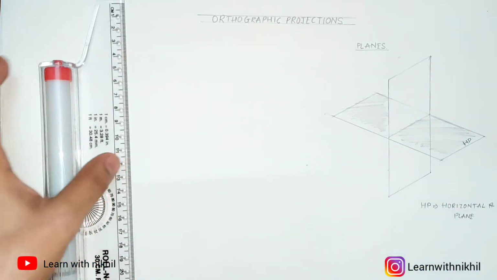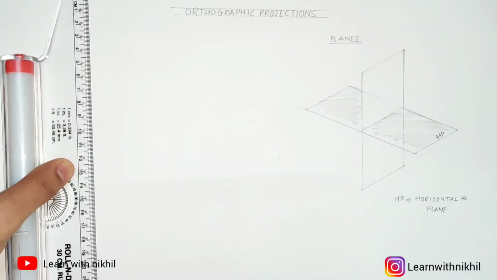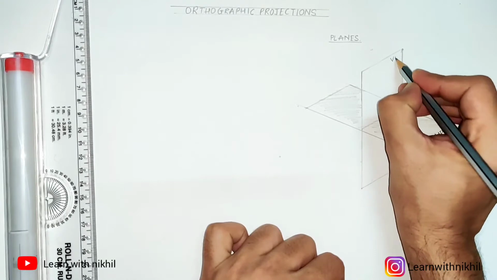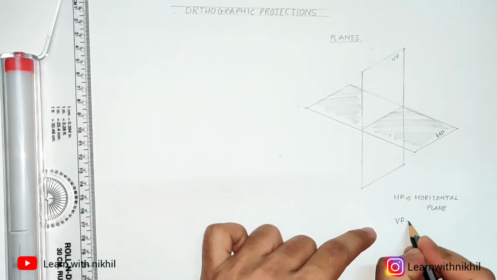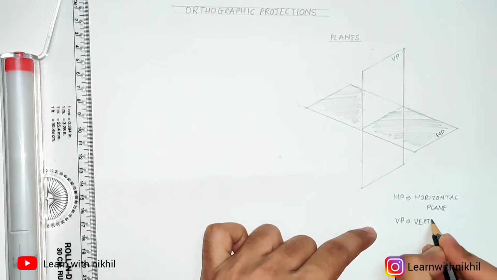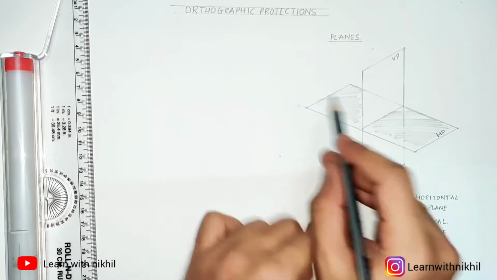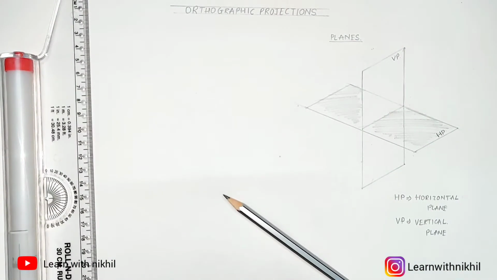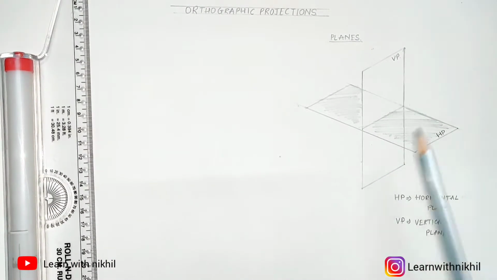And this one is the vertical plane. I'll mark it as VP. So as you know, there are four quadrants, and it has an x-axis, that is the horizontal plane, and a y-axis, it is the vertical plane. And I have drawn it in three dimensions.